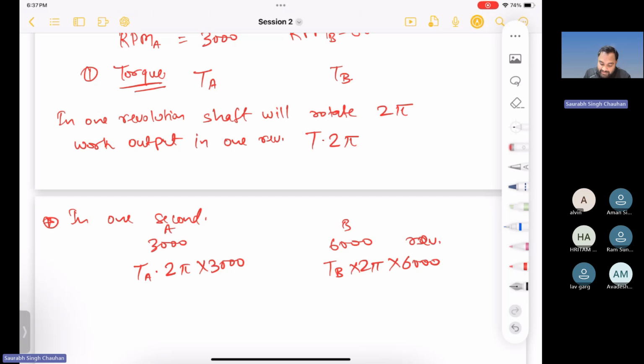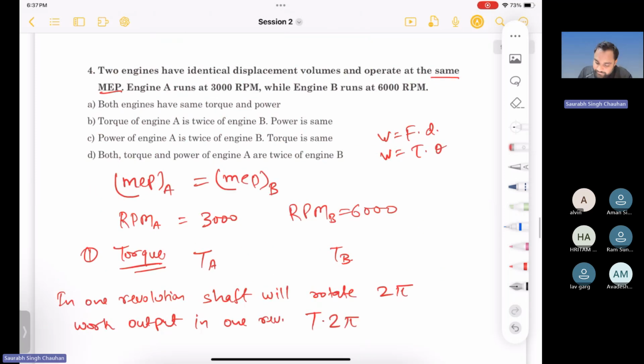So we have to compare TA and TB. What is given? Same MEP.